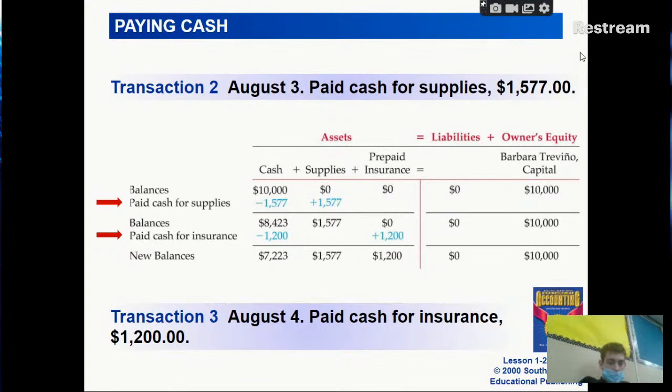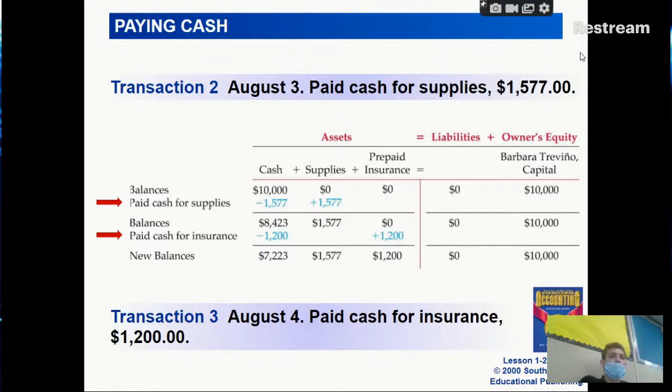So if I paid $1,200 for insurance, what 2 accounts did I just affect? Cash and the insurance. What happens to cash? Goes down. So I'm going to come over here and do $1,200 subtract. It gets me 72.23.